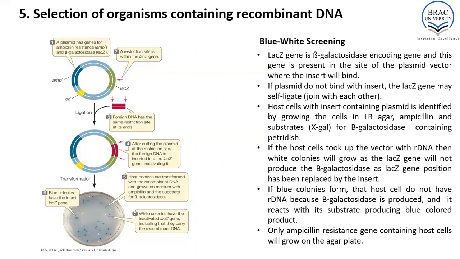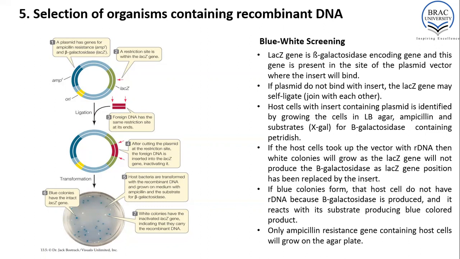On the other hand, when the insert DNA is not ligated into the multiple cloning site of the vector, that is, the vector is religated, and we know that this is possible, the vector can be religated by itself. In that case, the LacZ gene is expressed and it produces the beta-galactosidase enzyme.